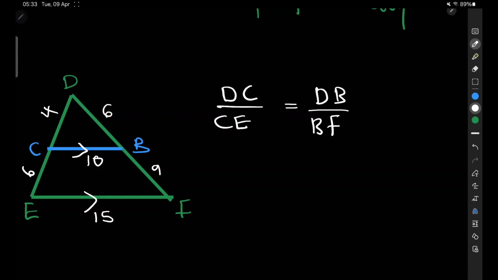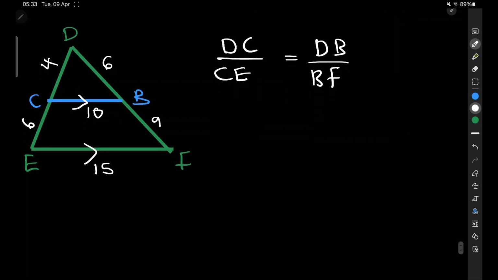So if we plug in numbers, now we have DC equal to 4, CE equal to 6, DB equal to 6, and BF equal to 9.